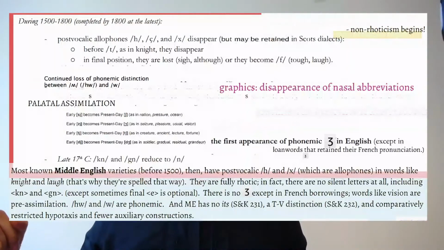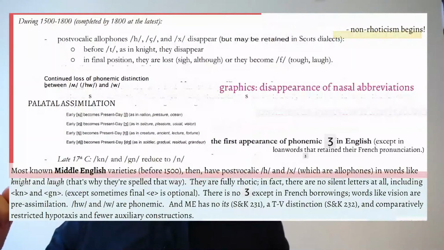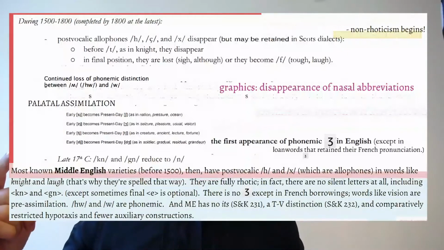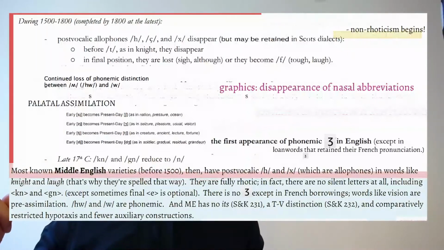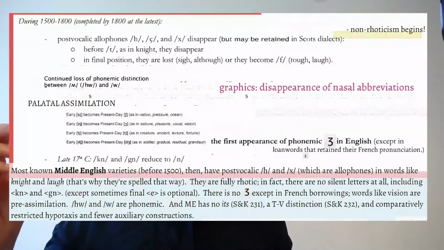What do we mean by assimilation? Let's remind ourselves that palatal assimilation happens after 1500, right, during the early modern period, where earlier words that have sia, zia, tia, and dia, as in nation, seizure, creature, soldier, start to assimilate to palatal sounds.